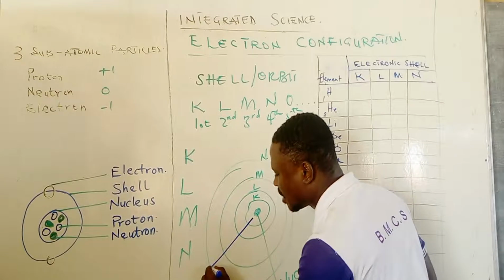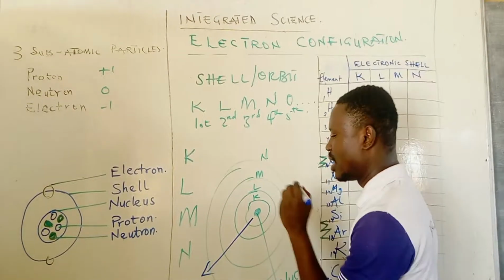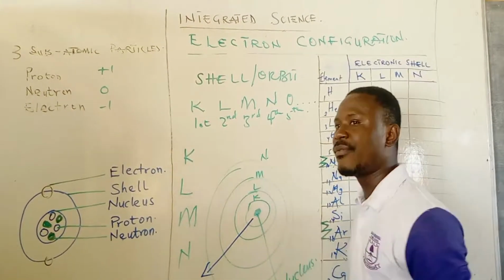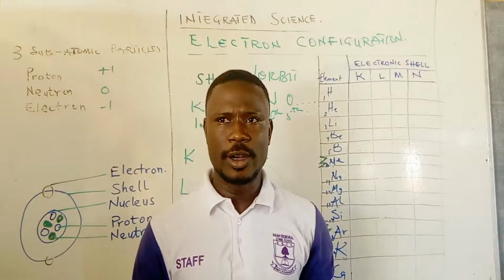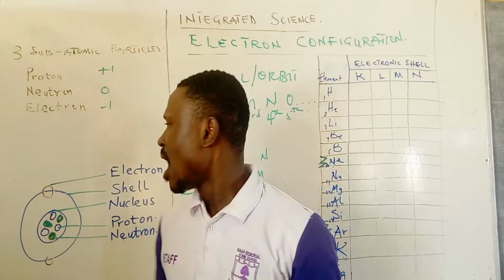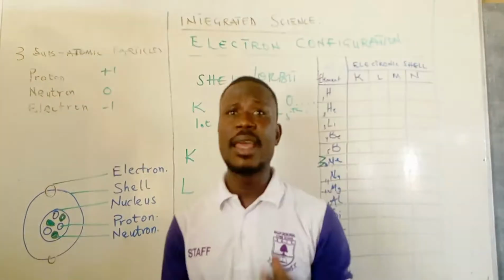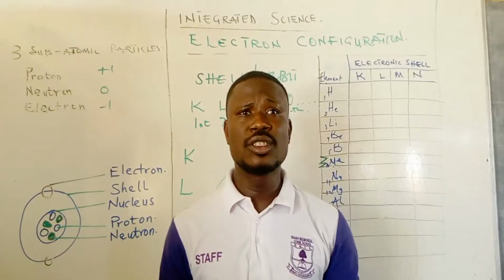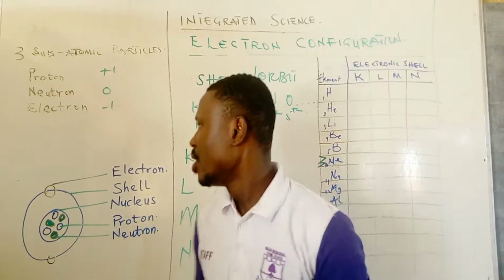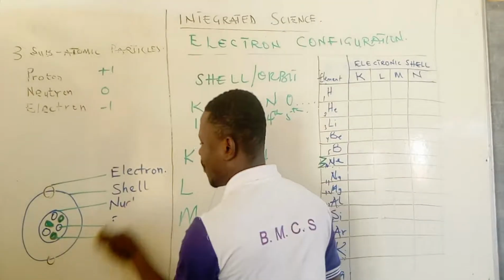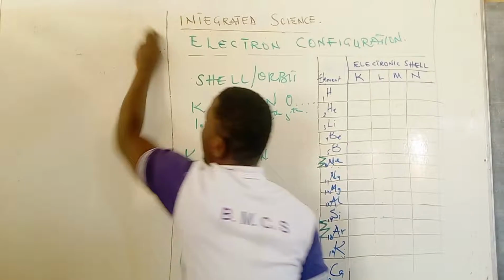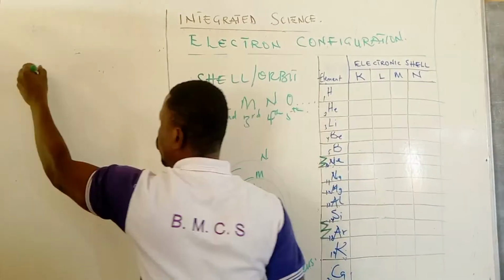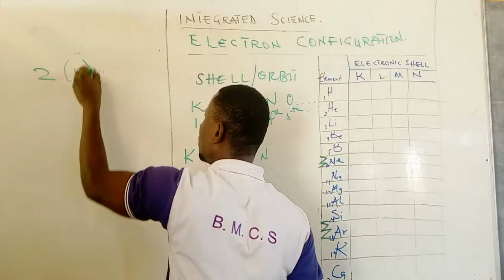Now, how would we determine the number of electrons a shell can contain? We will simply apply a formula, and that is 2 into bracket n squared, where n is the shell number.